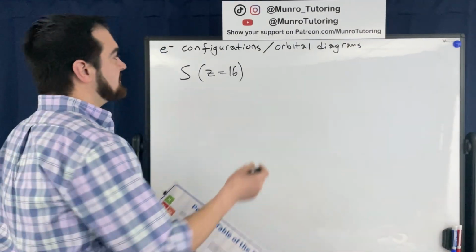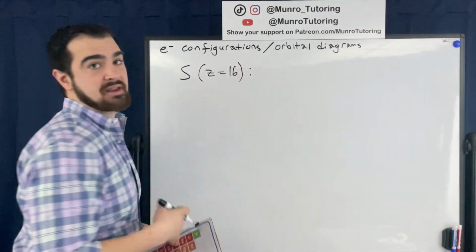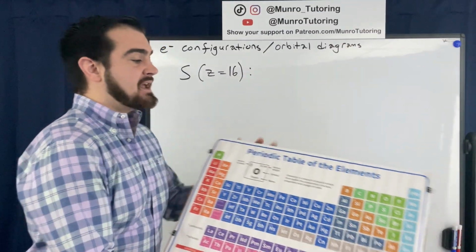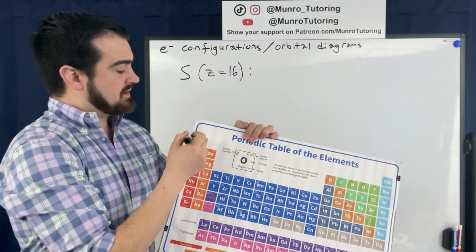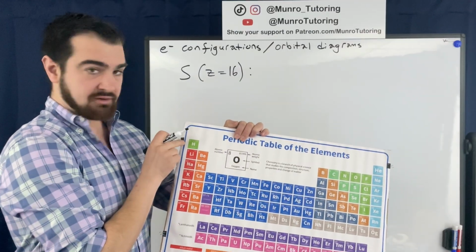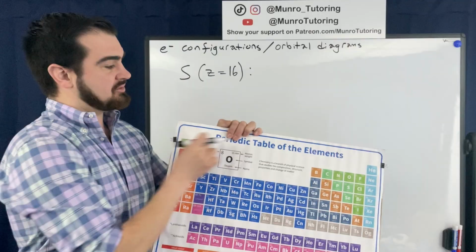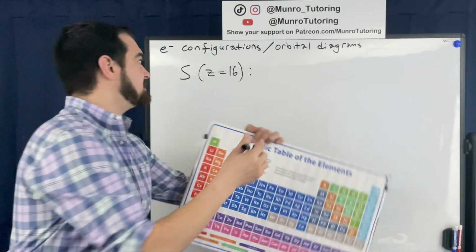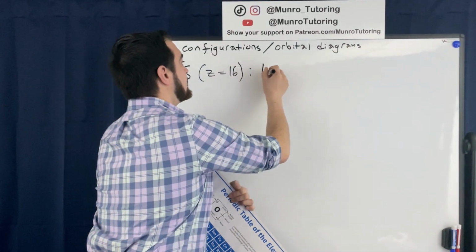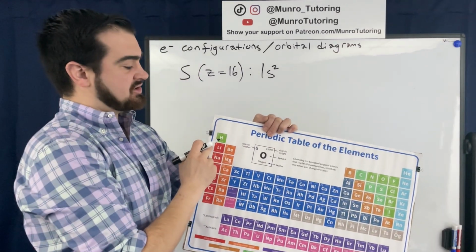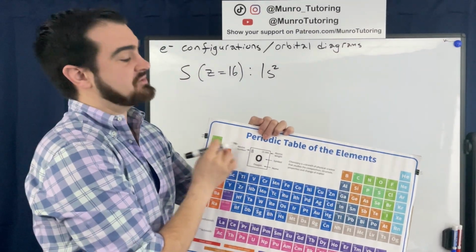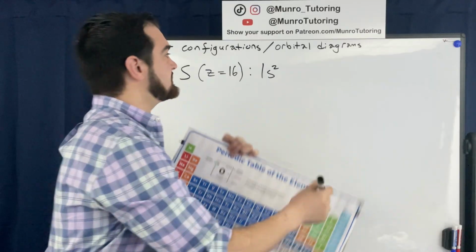I'm just going to be doing this for neutral elements for the moment. But let's get the electron configuration of this the way that I taught you in the last lesson. And so in order to get to sulfur, we have to go through everything that precedes it. So this is period 1. This is the S block. I have to go through both positions. So 1s2. I have to go through the whole second period. That's the 2. This is the S. I have to go through both spots, 2s2 and 2p all the way through 6.